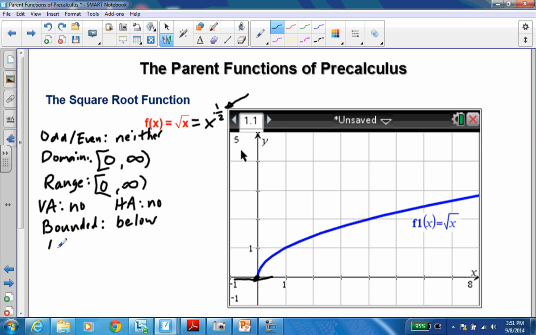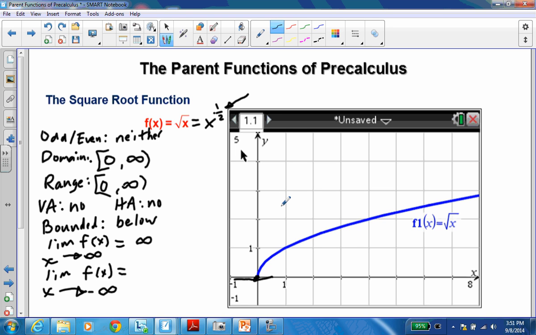And now we get to limit as x approaches infinity of f of x. What is our limit as x approaches infinity of f of x? Yeah, it will be infinity. Okay, now for as x approaches negative infinity of f of x, what is that going to be?